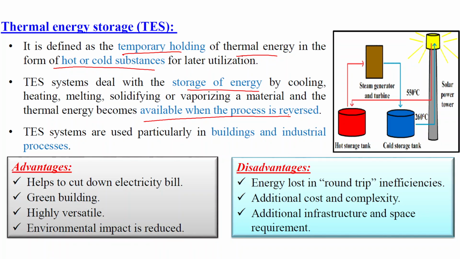Okay, we heat a substance or a liquid, and store the heat energy within the liquid. Whenever heat energy is required, we bring it in contact with a heat exchanger or generate steam. If we need energy in the form of heat only, we can use a heat exchanger.